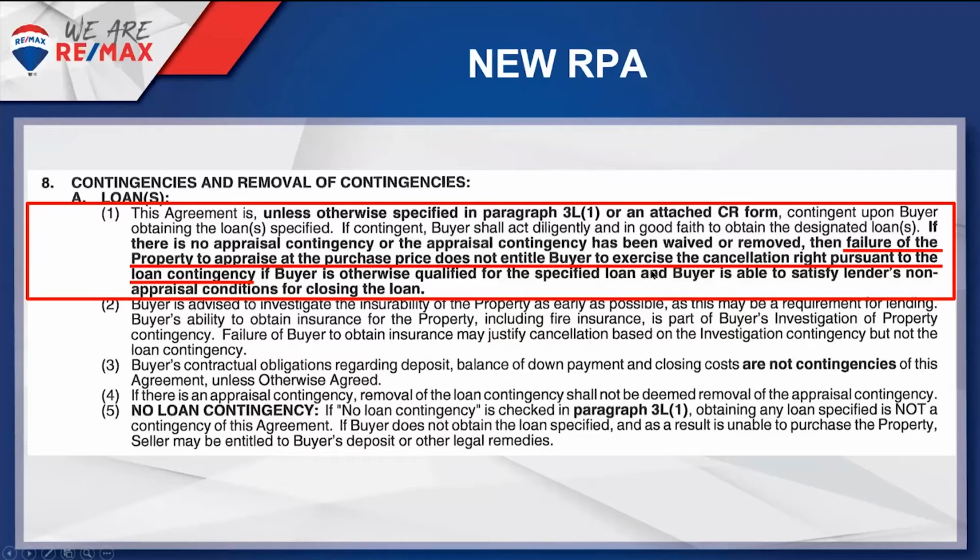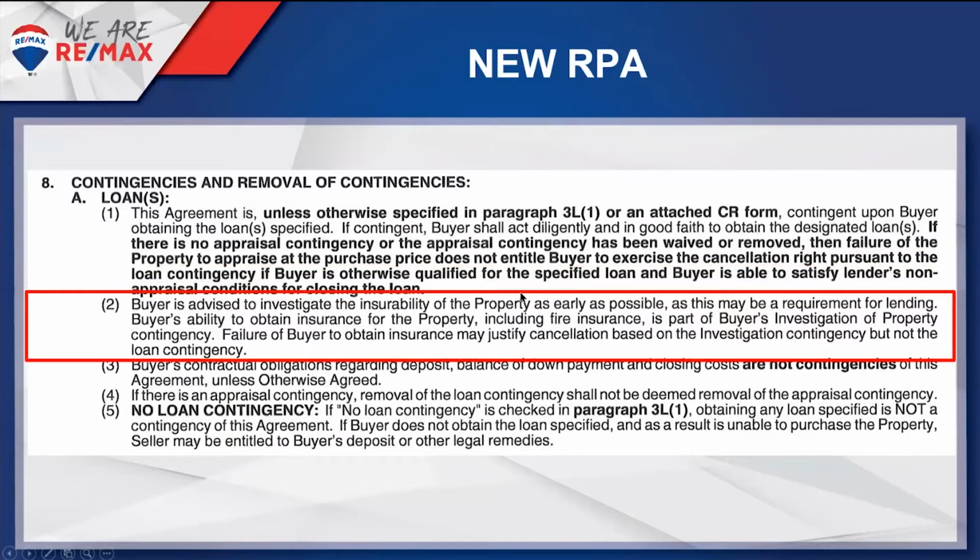It's very clear now in this contract that those do not link. So if you do not get your loan because it doesn't appraise, you can't use your loan contingency to cancel. If you can otherwise get the loan, you're qualified for the loan, it's simply that the property didn't appraise and you'd already removed your appraisal contingency.